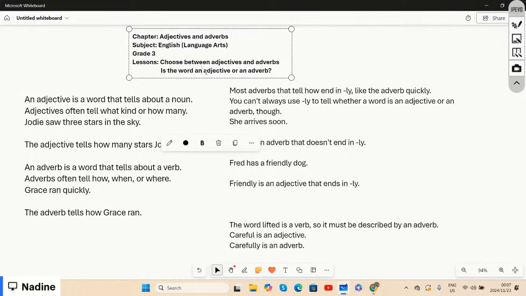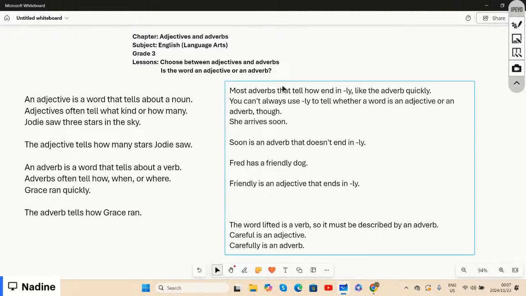All right. So when it comes to an adjective, an adjective is a word that tells you about the noun, or we can say it describes the noun, or we can even say it modifies the noun.